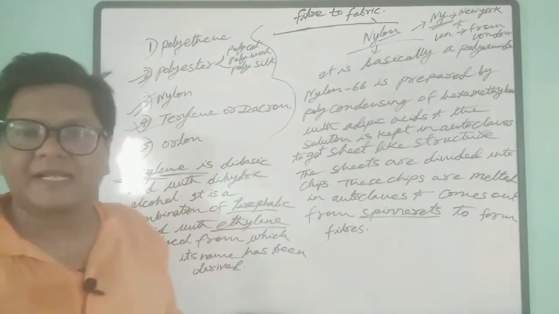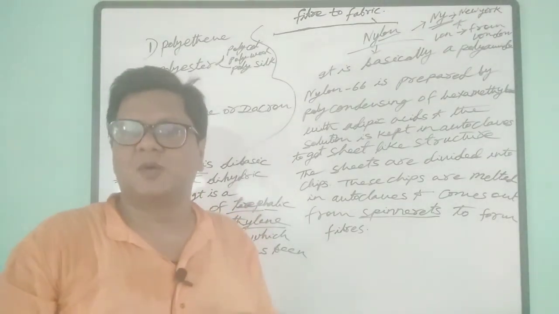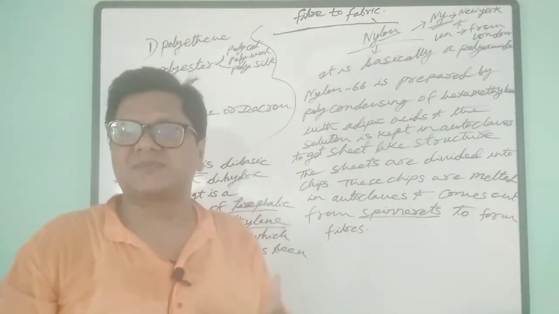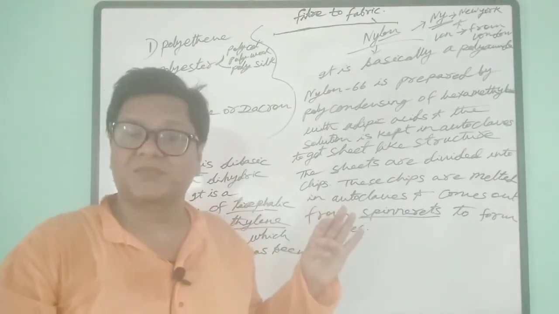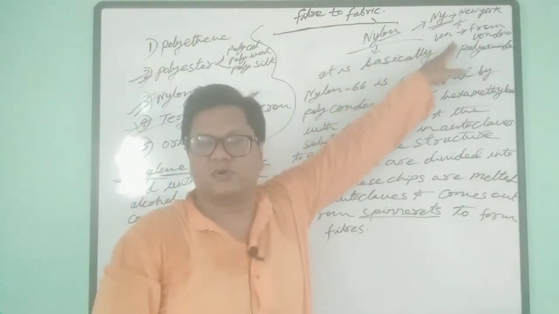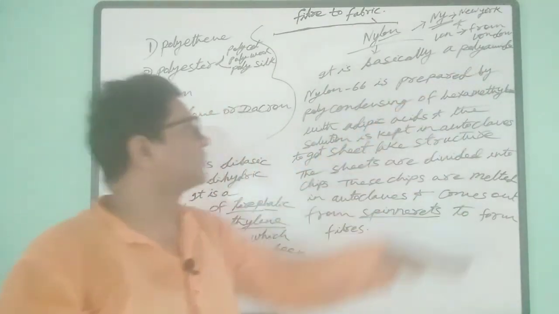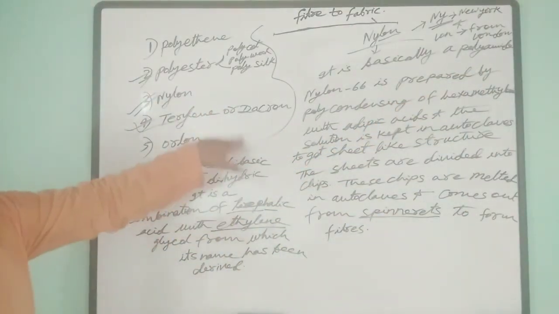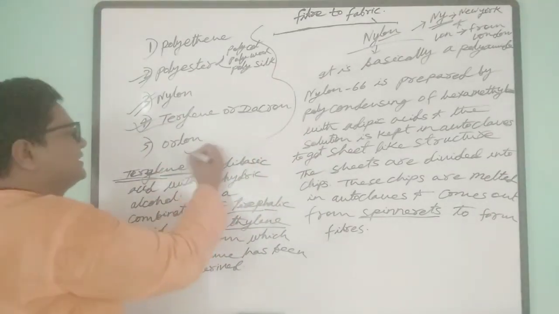Nylon has derived its name from the names of two cities where the research work was started earlier. Okay, so these were the synthetic fibers. Now we will see the synthesis of Orlon.